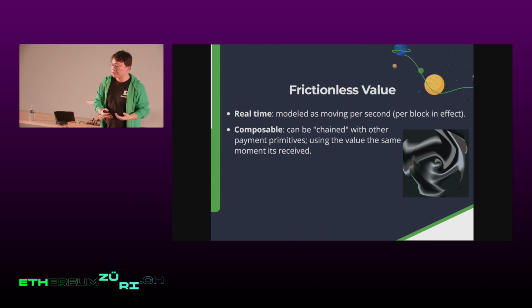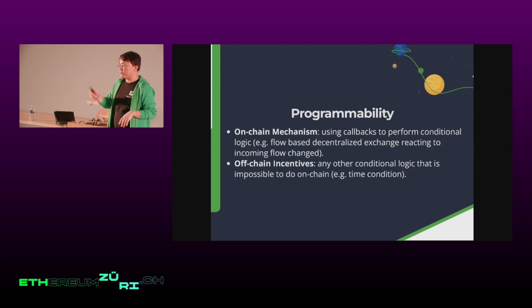So it's true real time. The other is composable. It can be chained with other payment primitives. The moment you receive the money is the moment you can use the money. So it's frictionless in that sense. You don't need to wait for the money to accumulate and transfer as a batch later. You use it at the same time you receive it.